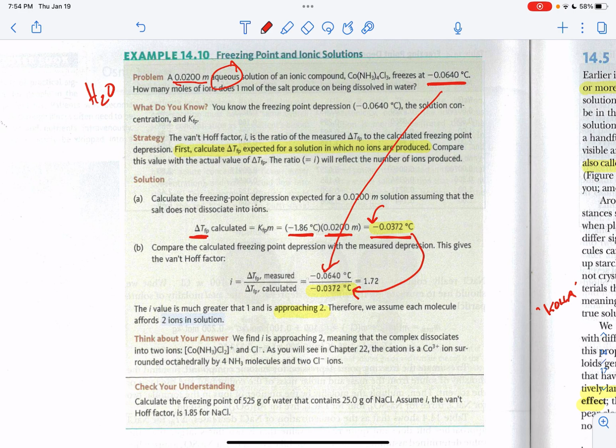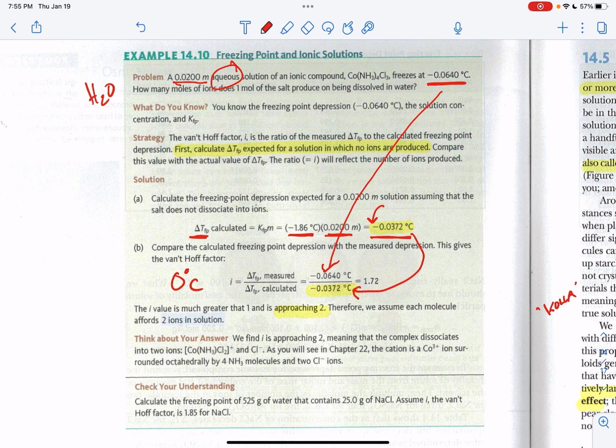Now remember, the true freezing point of pure water is 0. So we don't actually have to do the new freezing point minus the original freezing point, which is 0, or vice versa.